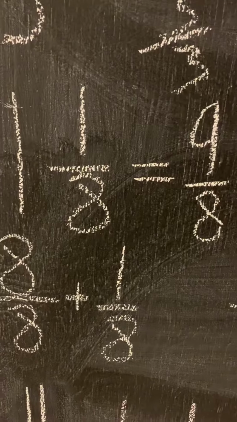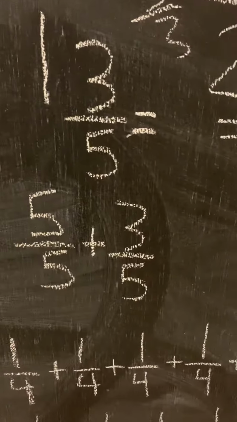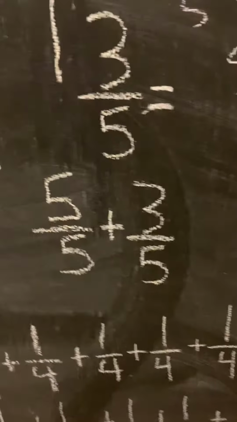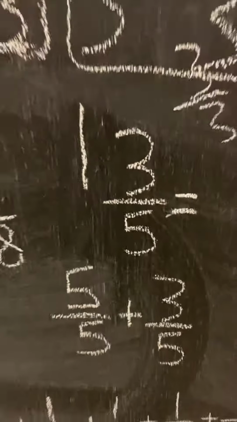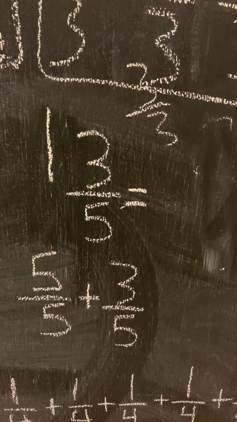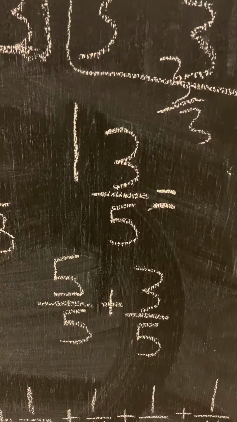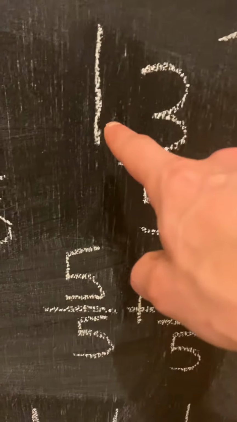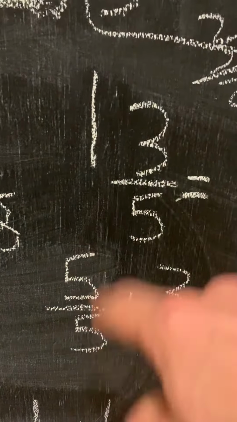Got it? All right, let's look at this one. We are getting crowded, so I'm going to use a little eraser to have a little more room. All right, we've got 1 3/5, a mixed number. They want us to turn it into just a fraction. That 1 is going to be 5/5, because it's a whole.